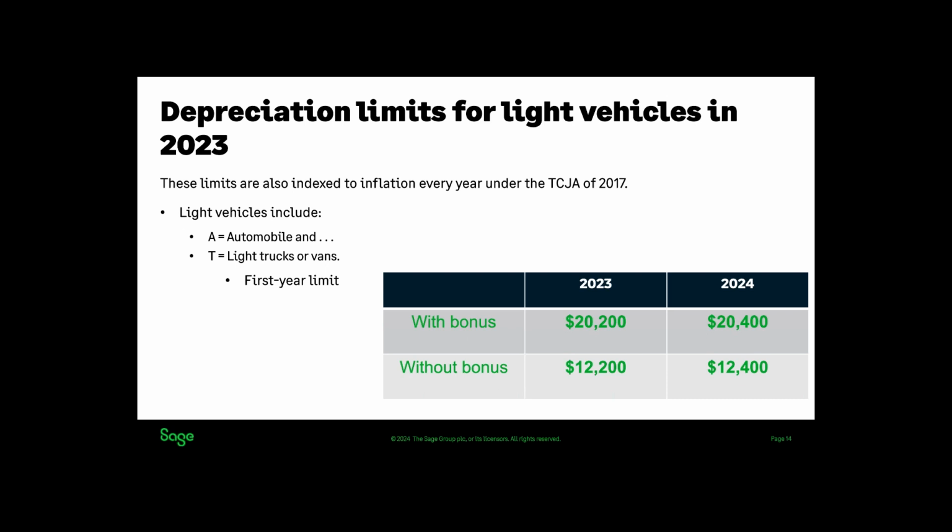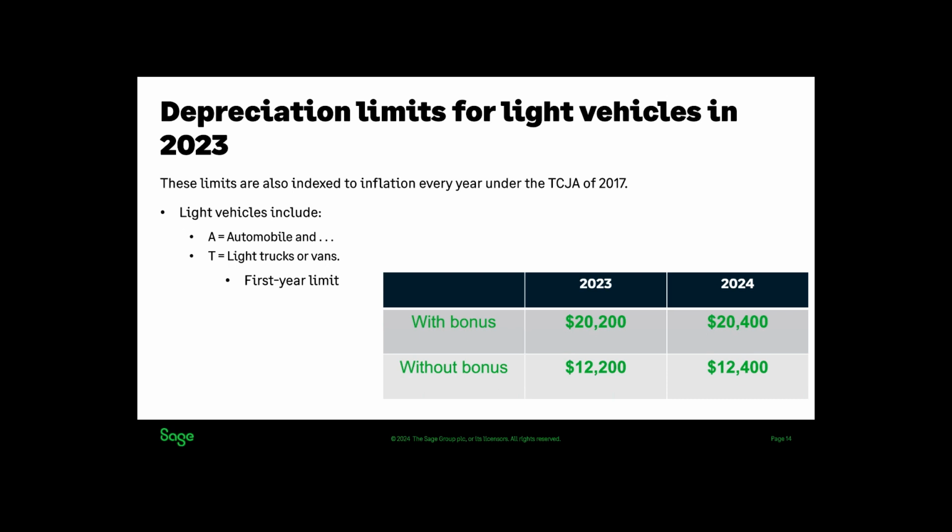Well, they have been raised because of the inflation rate to the figures that you see here. And so the first year that you put the vehicle into service, this year it's $20,400 if you take the bonus. And if you don't take the bonus, it's $12,400.